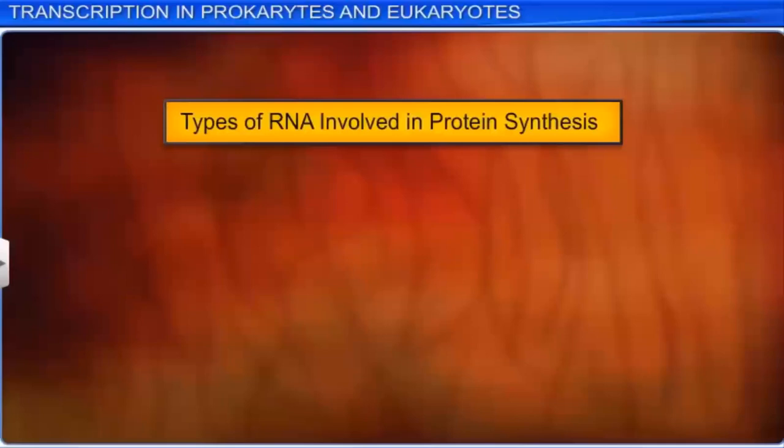The transcriptional unit comprises three things. Number one is the initiator or the initiation point. That means the point on the DNA chain from where the transcription will start.